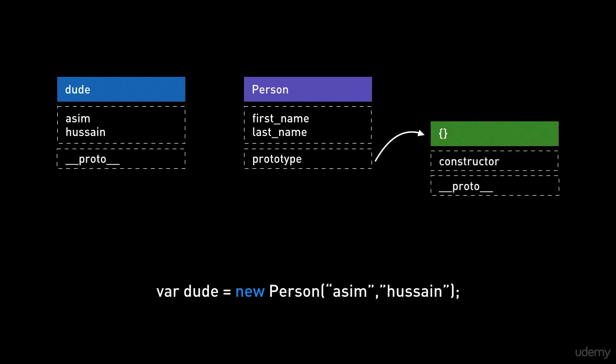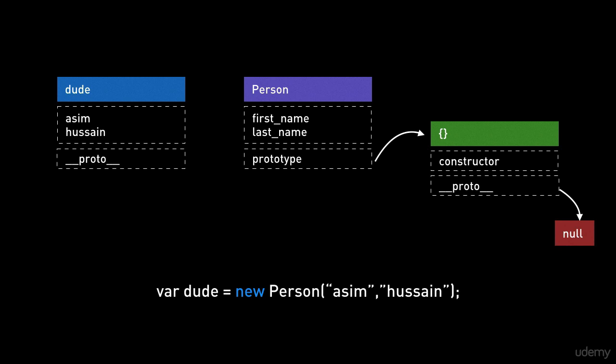This object has a constructor property which actually points to Person itself. But also, because it's an object, it again has its own __proto__ property. And just like all other objects in JavaScript, that points to another object and another object until eventually it just ends up pointing to null.